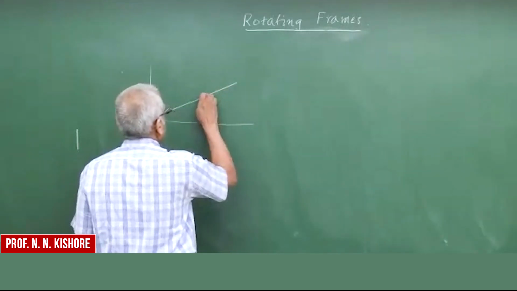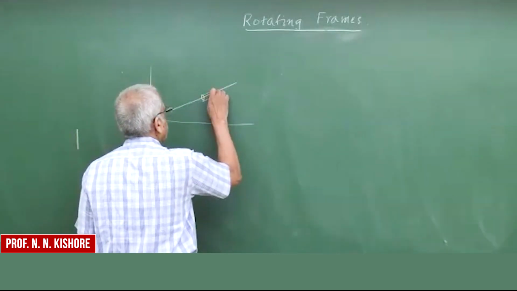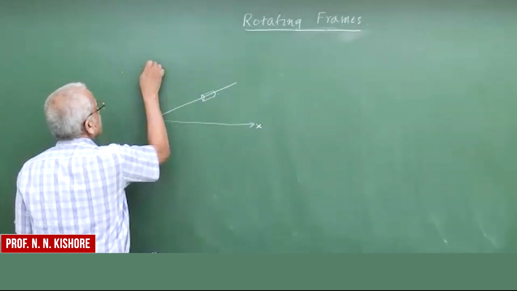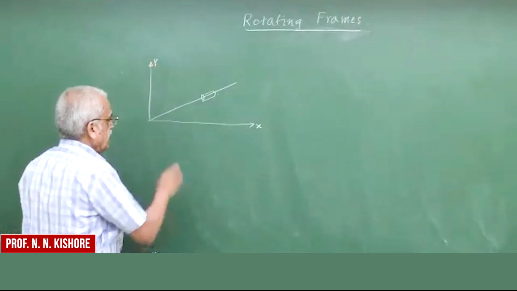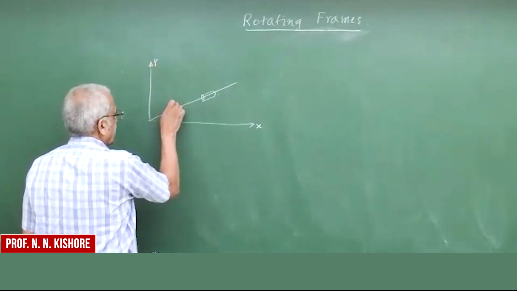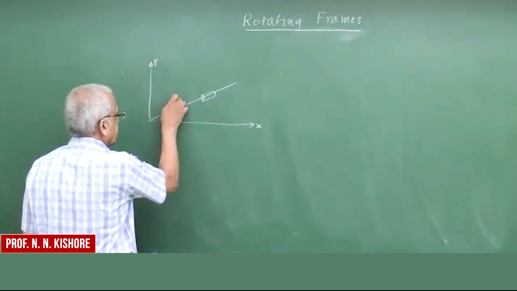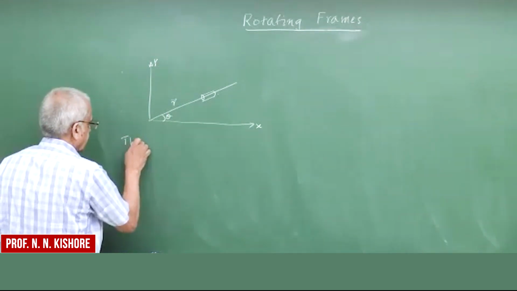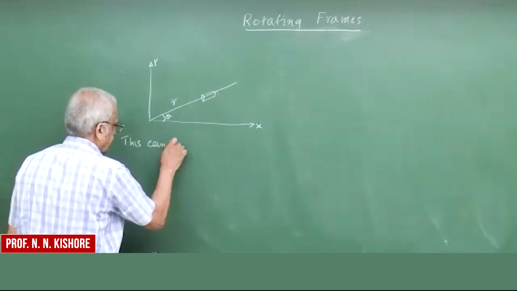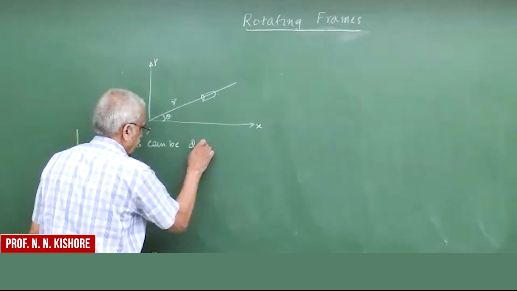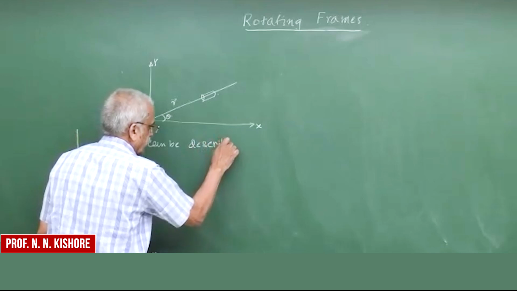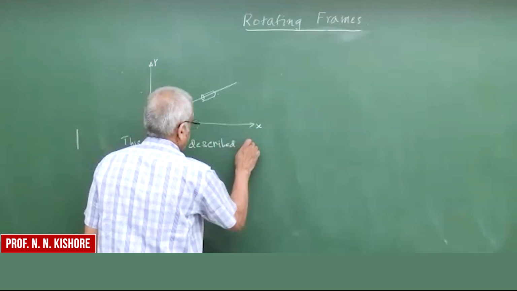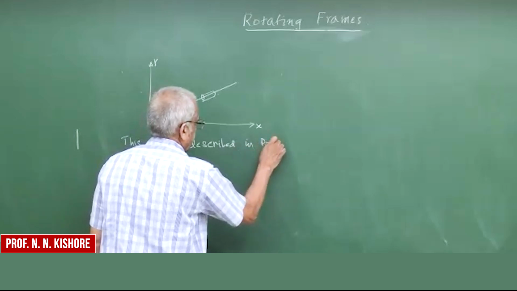So for example, here, this is the bead which we are saying. This can also be described with the analysis which we made in polar coordinates.